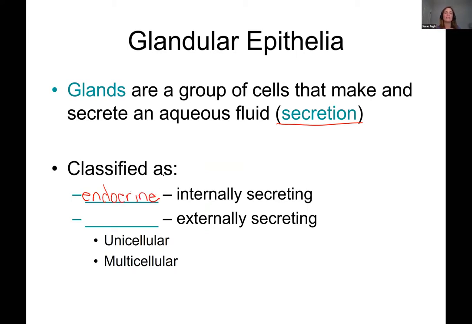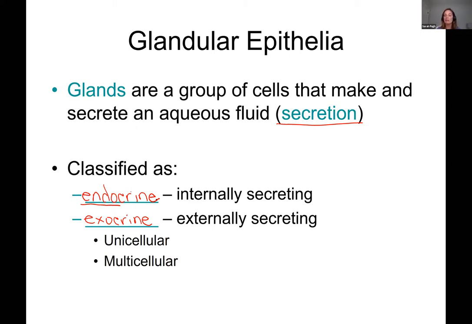Okay, internally secreting, because remember, endo means inside. Then we also have exocrine glands. And these are externally secreting. So this would be things like sweat glands and oil glands, salivary glands, anything that's secreting out of the body.